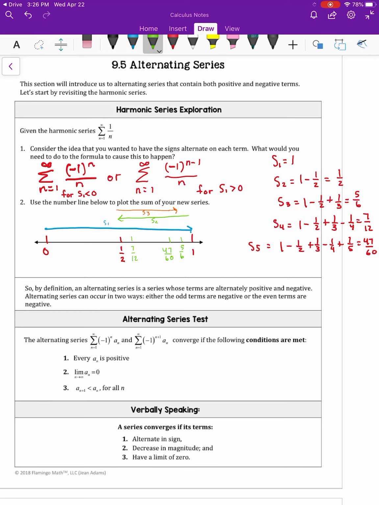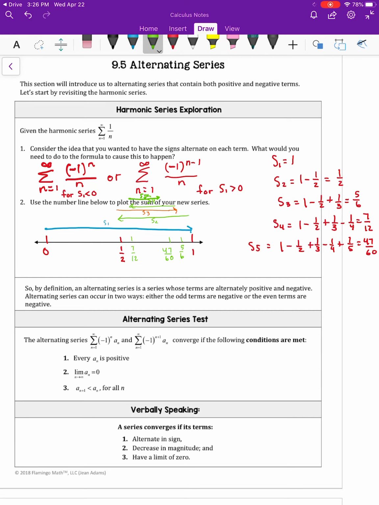My S sub 4 was 7/12. So again, you went to 1, then you subtracted a half, then you added a third, and then you subtracted a fourth. For that one, I'm going to do it in green. So that's your S sub 4.